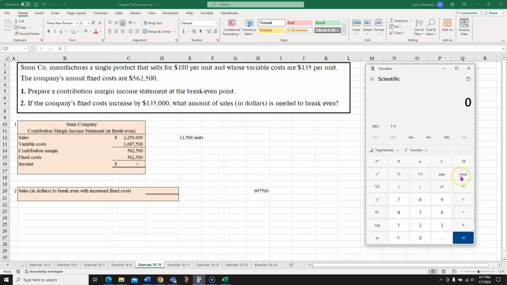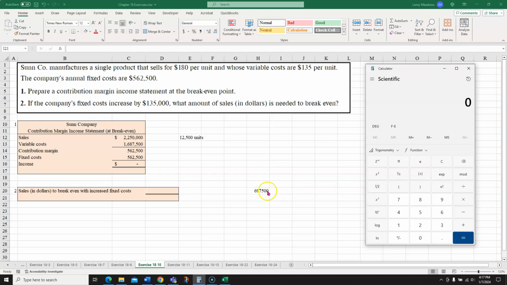So I can find my contribution margin ratio. I'm going to simply take my contribution margin, 562,500, and divide that by my total sales, 2,250,000. So my contribution margin ratio is 25%.